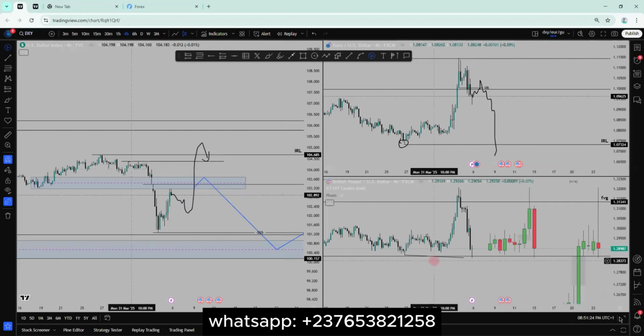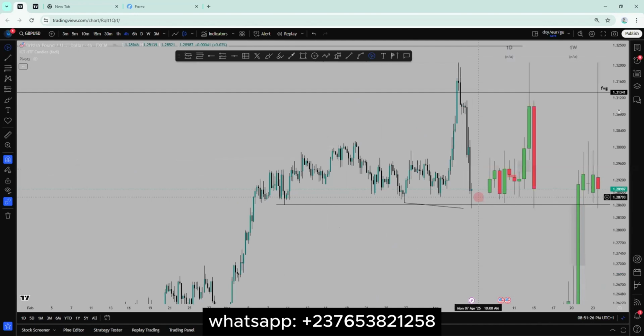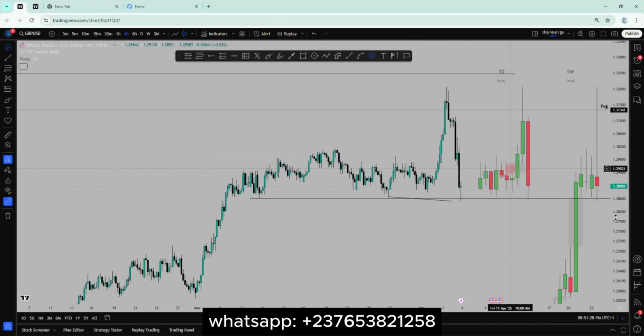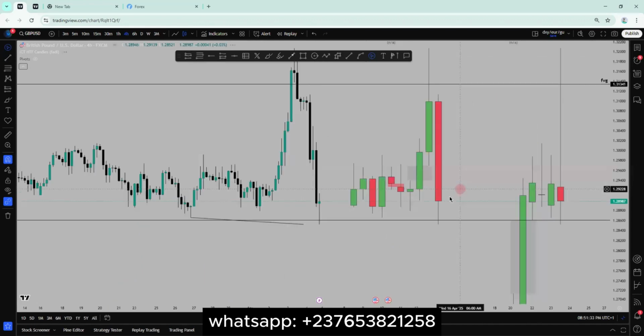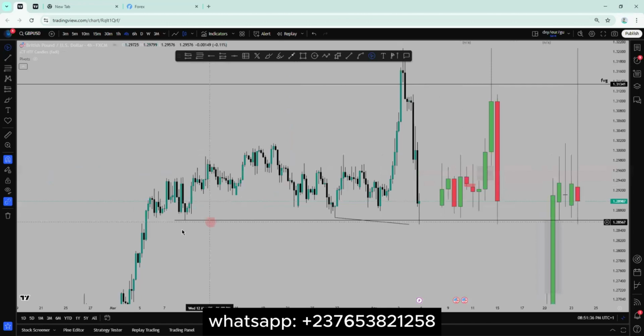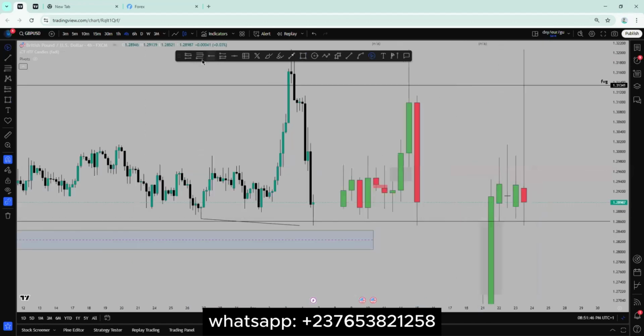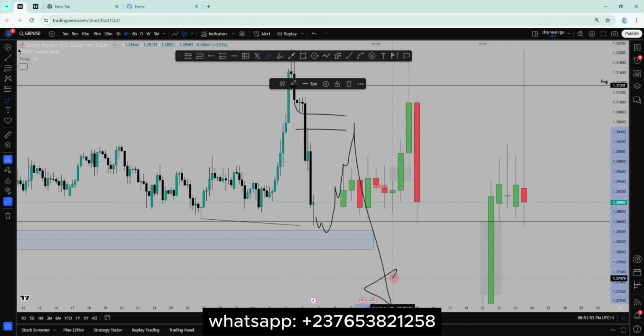So let's look at GU. All right, so we took out that low. Maybe this week we want to take out the previous weekly low, and then we push back higher to somewhere before we continue lower. Something like that.